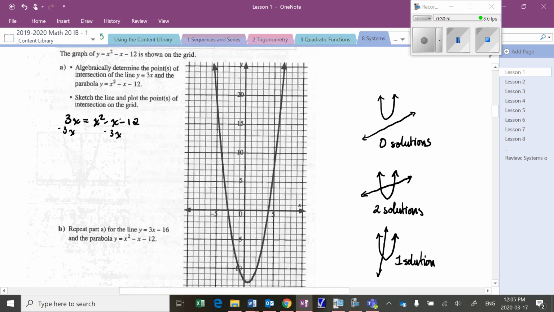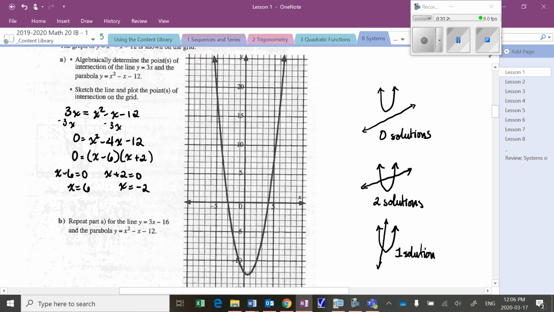Then in order to set it to 0, so 0 is equal to x squared minus 4x minus 12, and as a quadratic we know we can factor that, so we've got then x minus 6 and x plus 2. Based on the zero product rule, either x minus 6 equals 0, in which case x is equal to 6, or x plus 2 equals 0, so x equals negative 2.